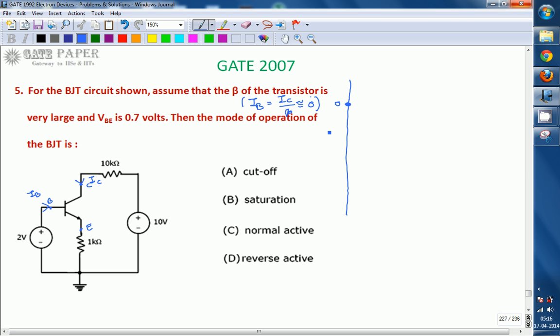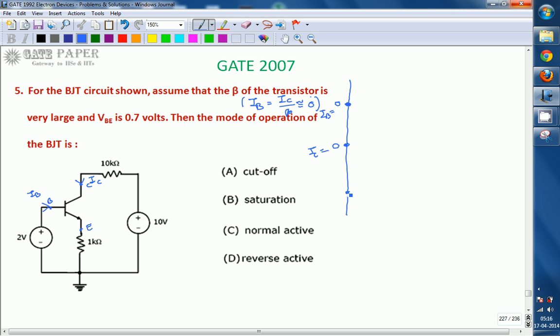IB is 0. Whenever the base current is 0, the BJT will be in the off condition, so that it acts as an open circuit, and no collector current flows. So IB equal to 0 makes IC become 0.